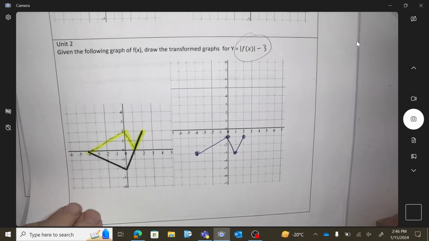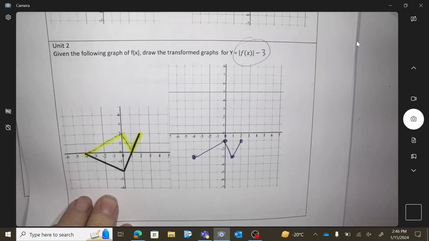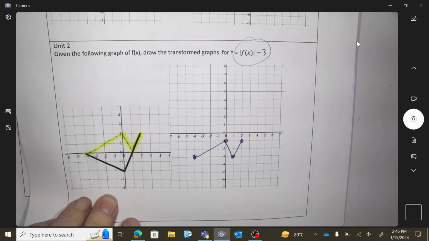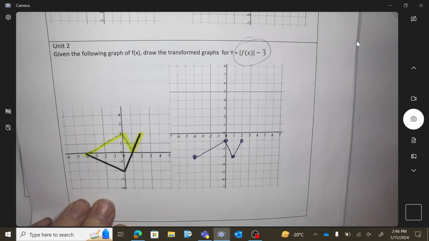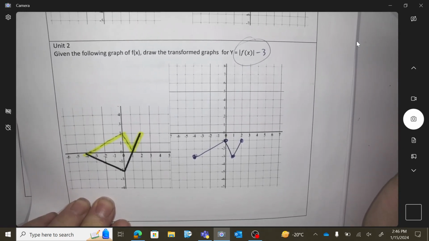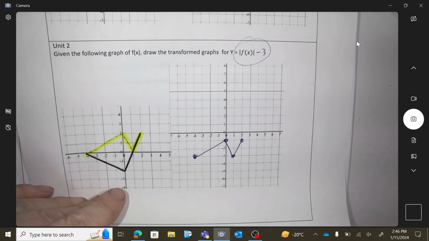On your exam, pay attention. If there's a dot, you put a dot. If there's an arrow, you put an arrow. Okay? So absolutes, physically draw. Don't try to math equation them, just physically draw them.